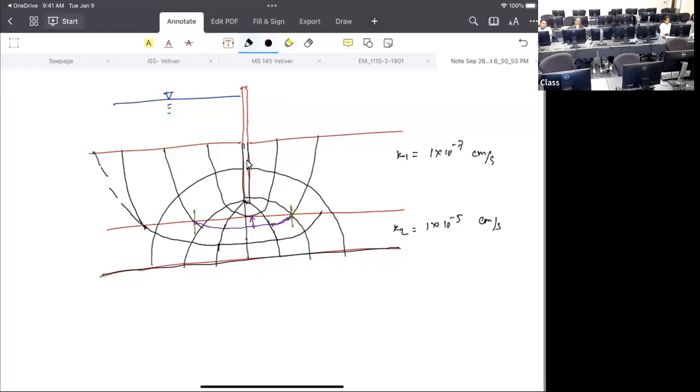K2 is higher than K1, right? So K1 should be denser, no, not denser, it's the resistance. Think about the resistance. The resistance should be higher in K1, so it will move closer to the perpendicular. Denser to lighter, closer.